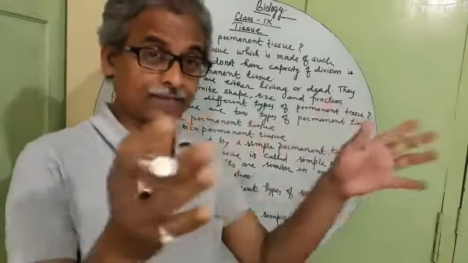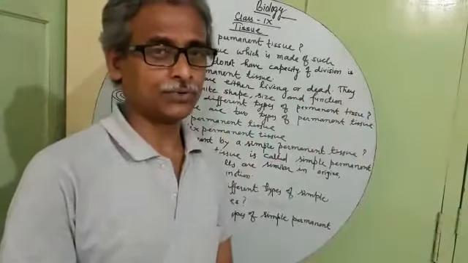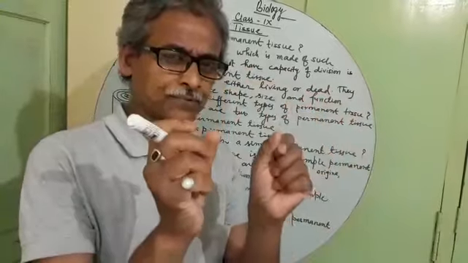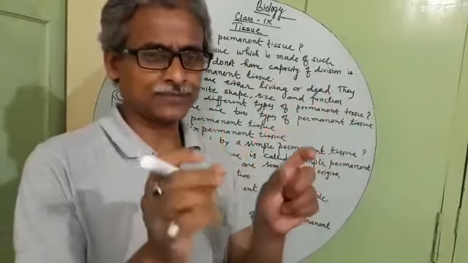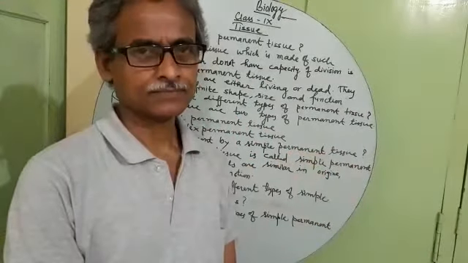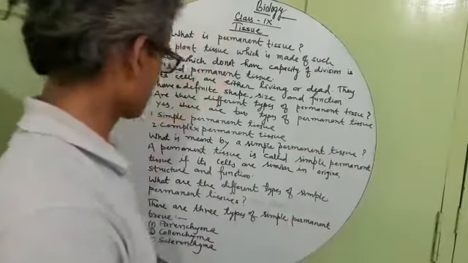So if we see a simple permanent tissue, we find same shapes of cells. It is made up of cells which have same shape and nearly same size, and they all do the same work.